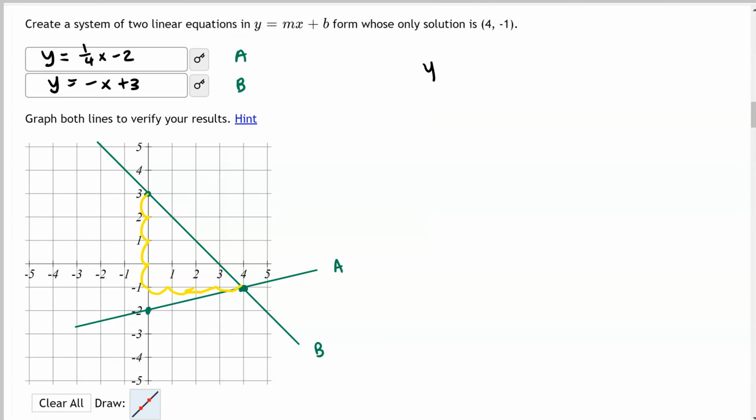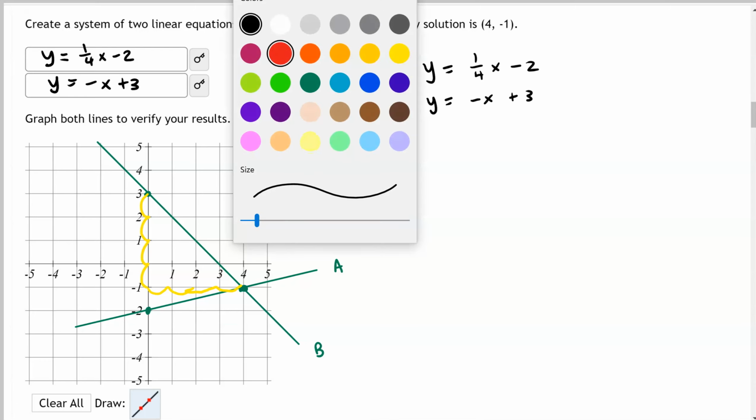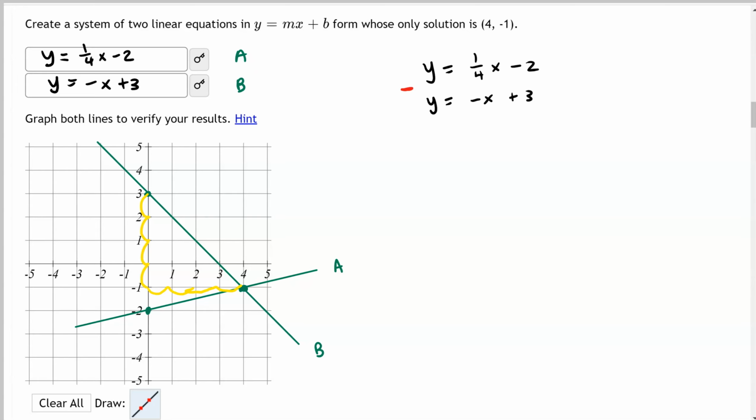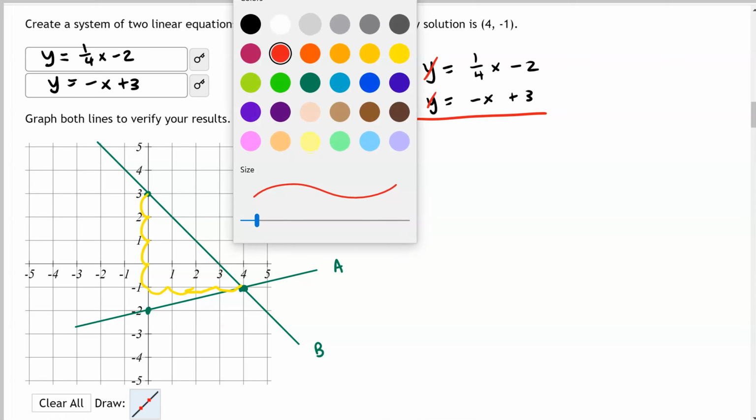All right, so I have y equals 1/4 x minus 2 and y equals -x plus 3. Now, the y's are already set up in a situation where if I subtract these, then the y's will be eliminated. So I'm going to go ahead and do that.